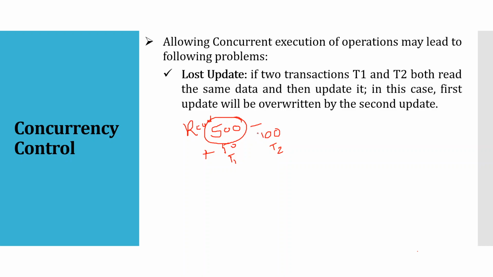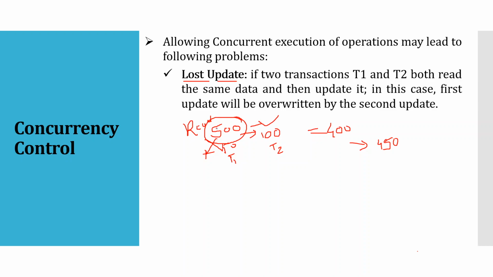But what will the answer actually be? This will not be taken into consideration, only this will be considered, and your final answer will be 400, which actually must be 450. But this will be overwritten and only this will be performed and you will get 400. So your data will not be consistent, it will have a lost update. That means you will have some loss of data, right? So this is the problem of concurrent execution. Is it clear?